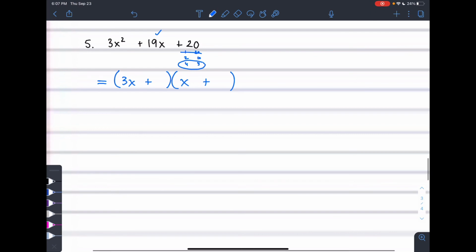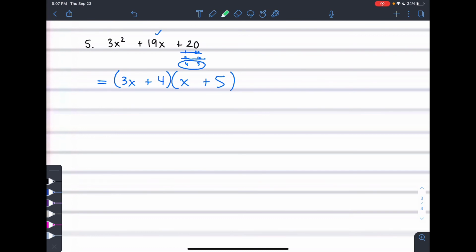And same with this 10, I can eliminate 2 and 10 only because I feel like it just is not going to work out there. So when we write this out, let's try 5 here and 4 here.